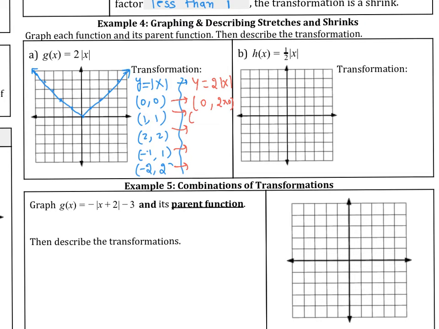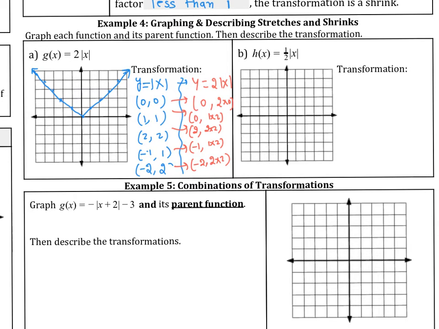So the next point would be 0, 1 times 2, that is 2. So the next point would be 2, 2 times 2. Remember, we are multiplying the y coordinate by 2 to get the points for your 2 times absolute value x.